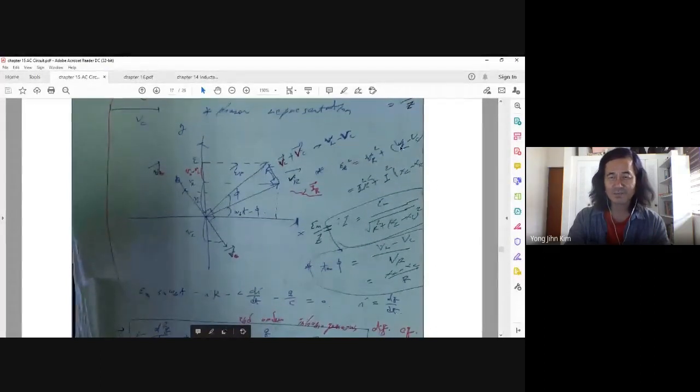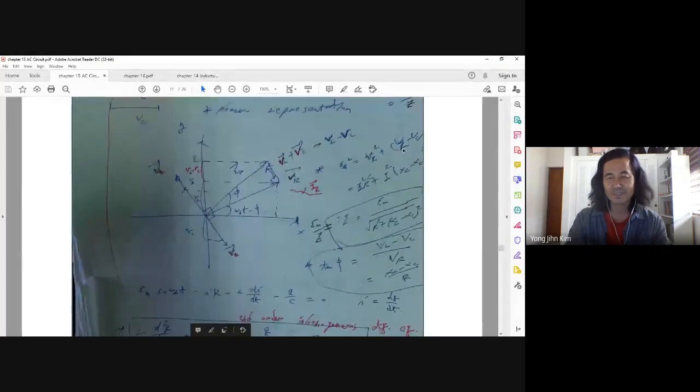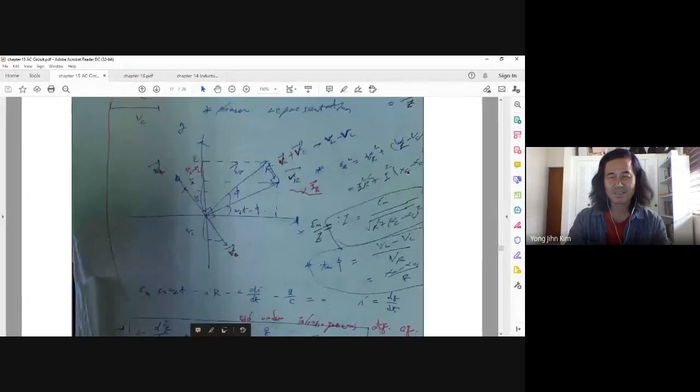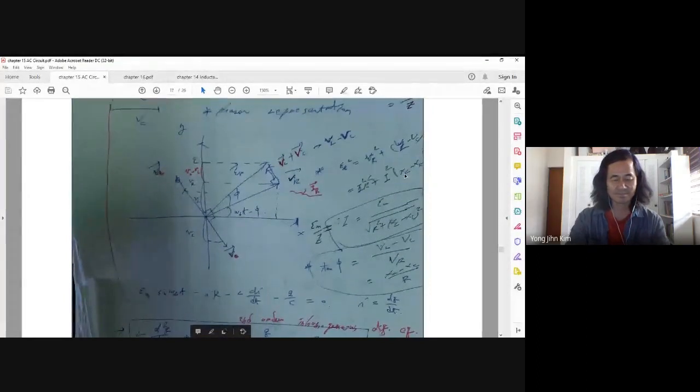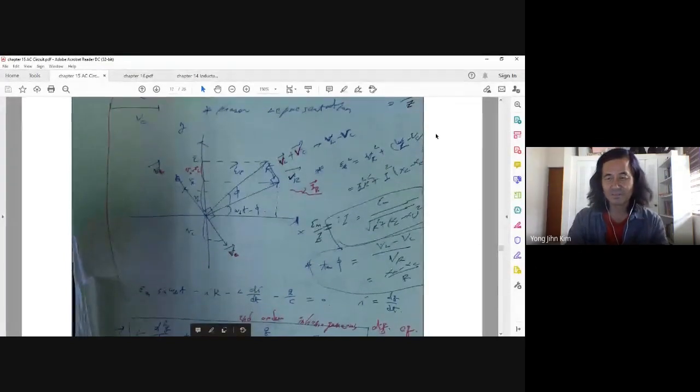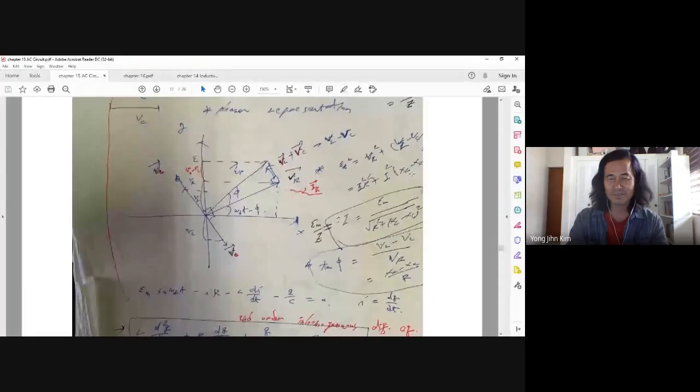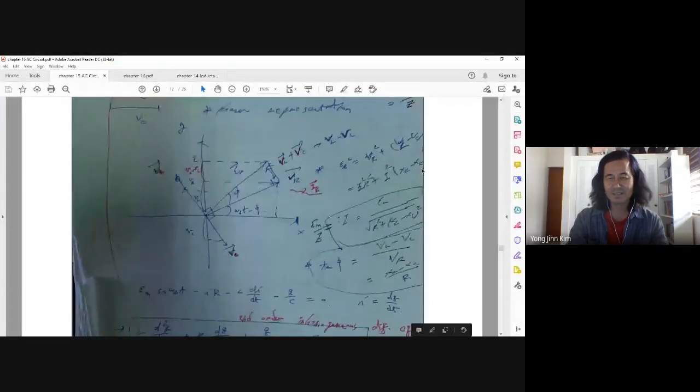VL is the voltage drop amplitude through the inductor, the current amplitude times XL, the inductive reactance. And VC is the voltage drop amplitude through the capacitor, the current amplitude times XC, the capacitive reactance.